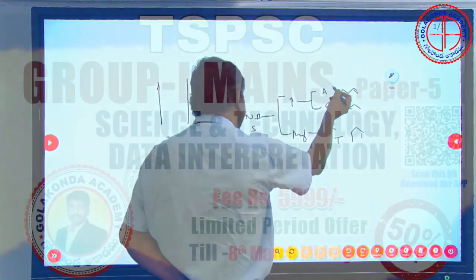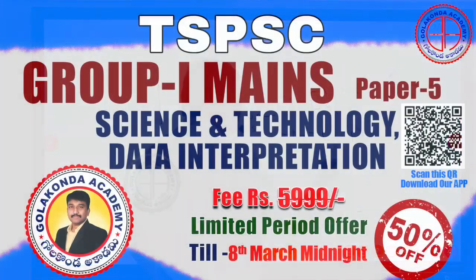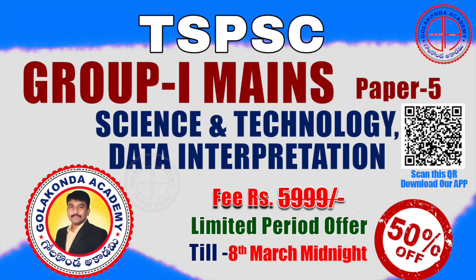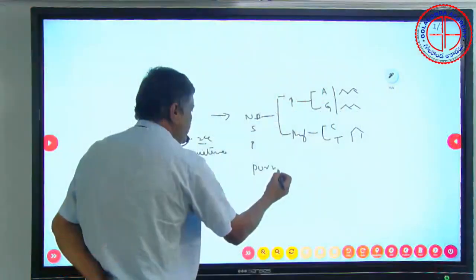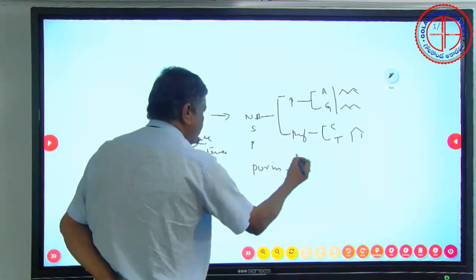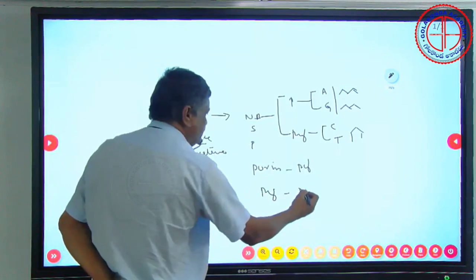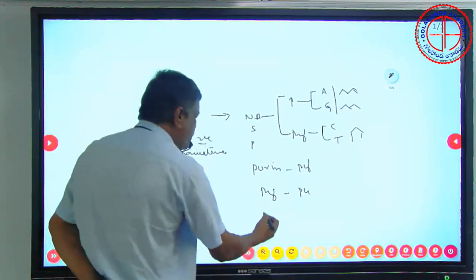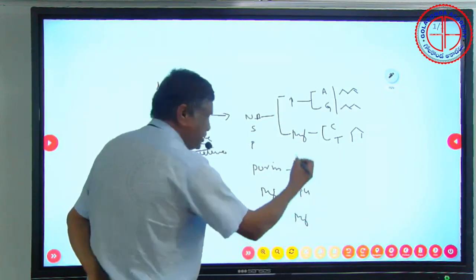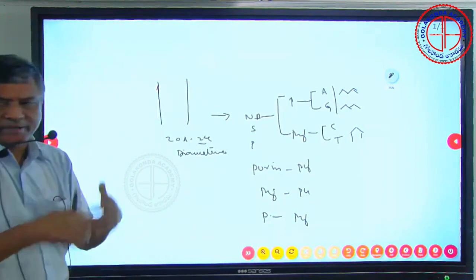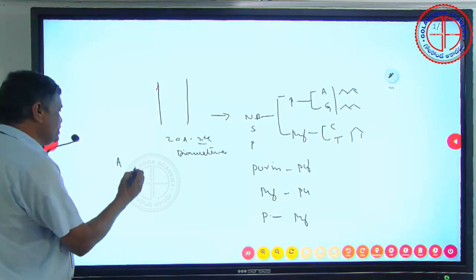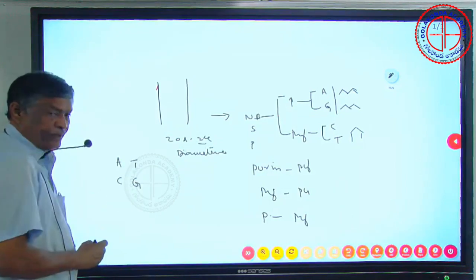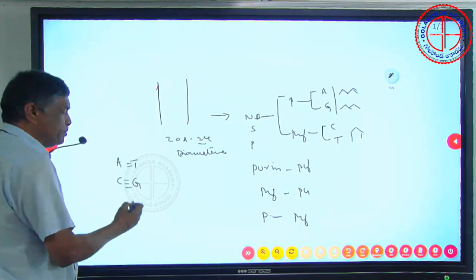Due to repulsion between the same poles, no bond is located between A and G. The bond takes place between opposite poles, meaning a purine bonds with a pyrimidine, then the pyrimidine bonds with a purine, then a purine bonds with a pyrimidine, like this, alternately. Between the nitrogen bases, A bonds with T and C bonds with G. So between A and T there is a double bond, and between C and G there are triple bonds.